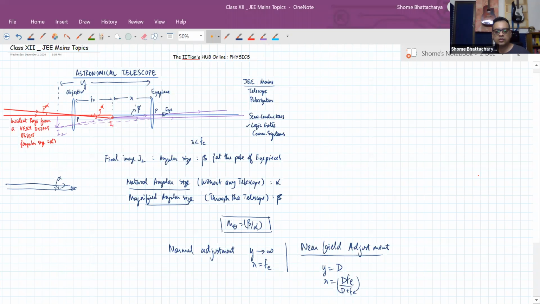The near field adjustment gives you the maximum angular magnification, and the normal adjustment gives you the minimum angular magnification, but it corresponds to the most comfortable viewing position. So this is pretty simple actually. Just make a note of the diagram.